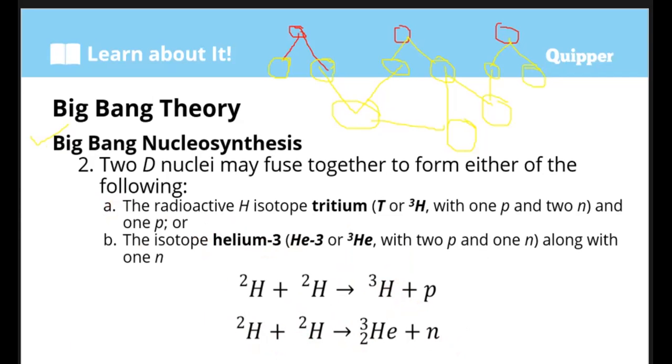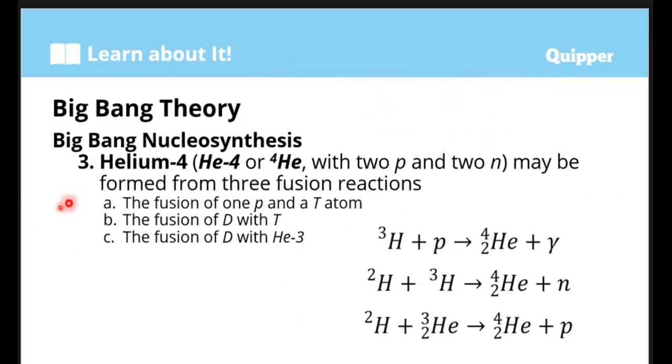In case the product of the fusion is helium, it creates helium-4, or another isotope of helium, He-4 or 4He, with two protons and two neutrons, which may be formed from three fusion reactions. So after the formation of helium-3, a helium-4 might be the product of that nucleosynthesis.